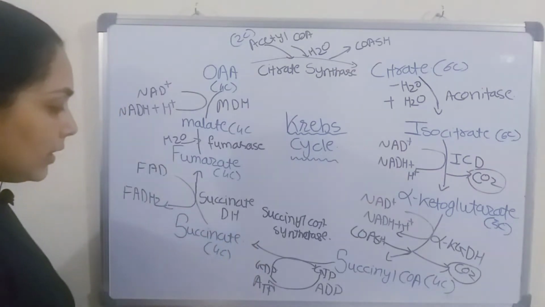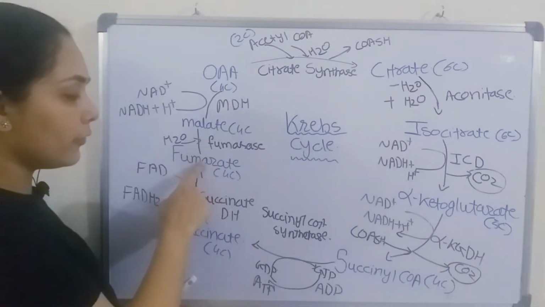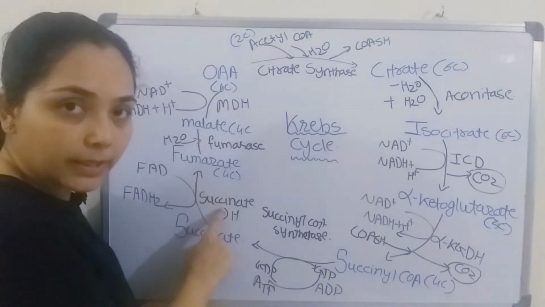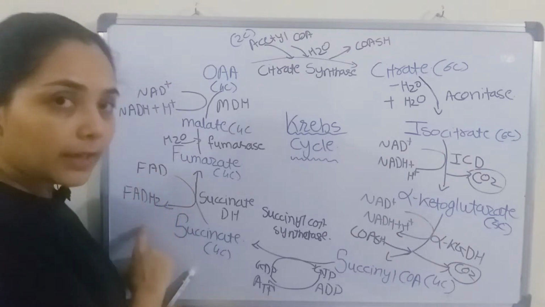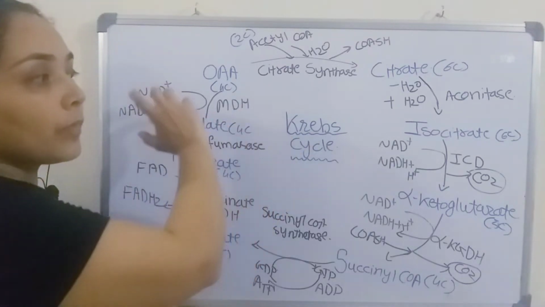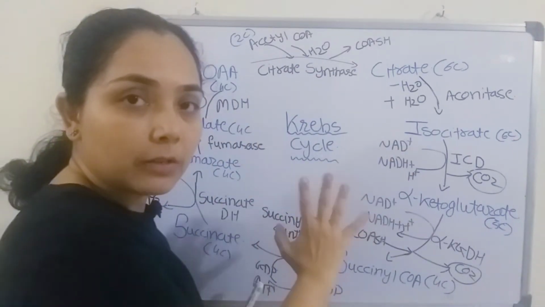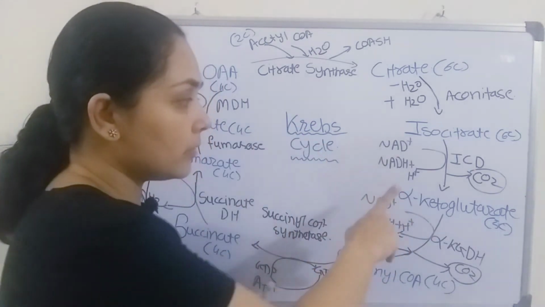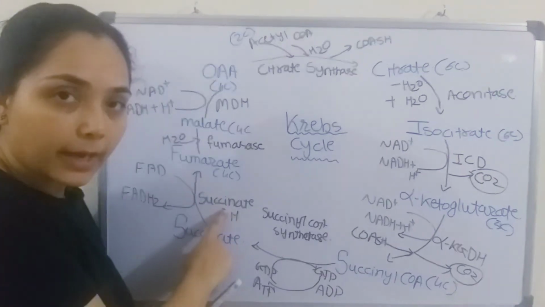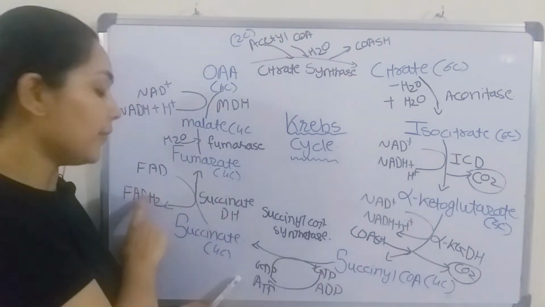Then succinate will convert to fumarate. The enzyme is succinate dehydrogenase, and there is a production of FADH2 instead of NADH. All dehydrogenases in the Krebs cycle will produce NADH except succinate dehydrogenase, which will produce FADH2.